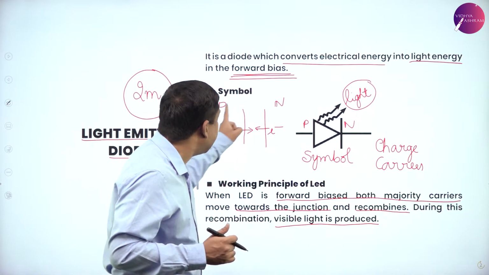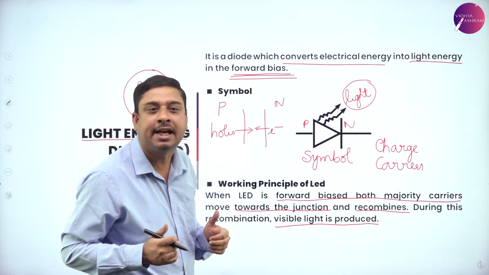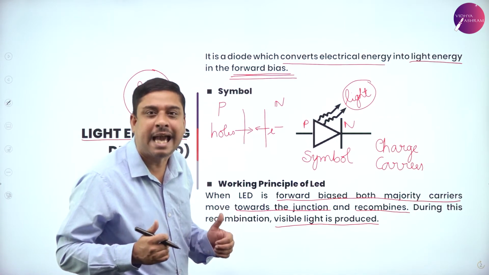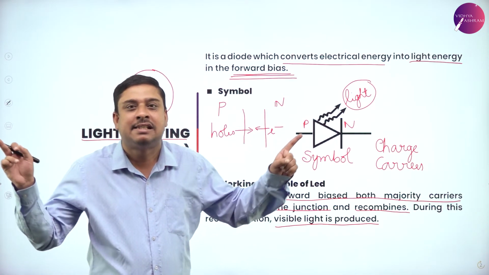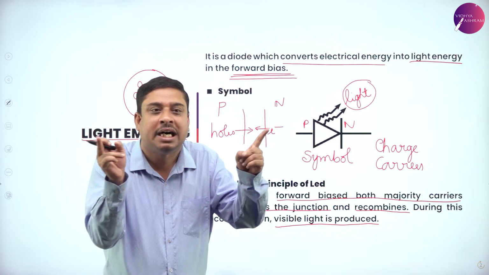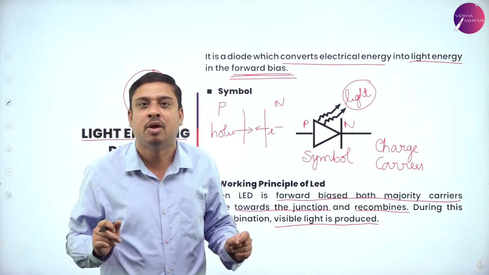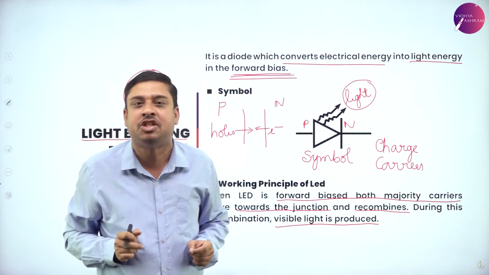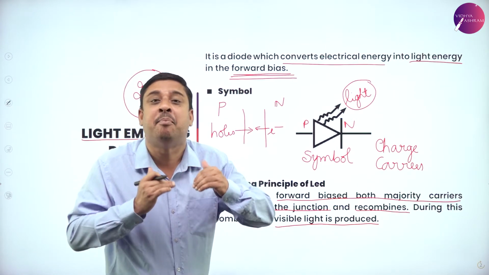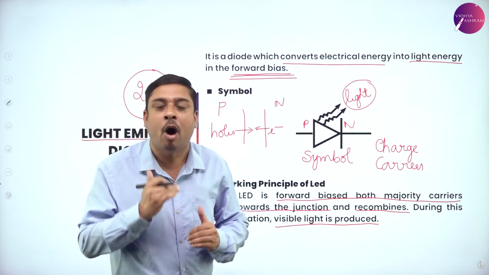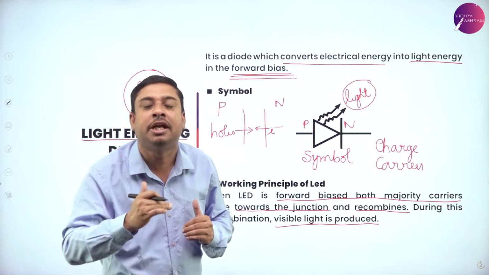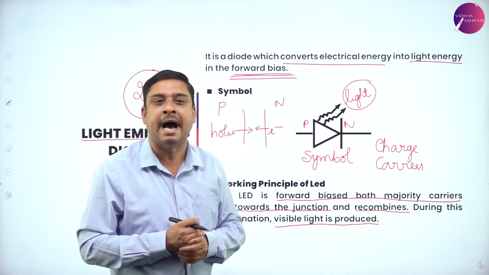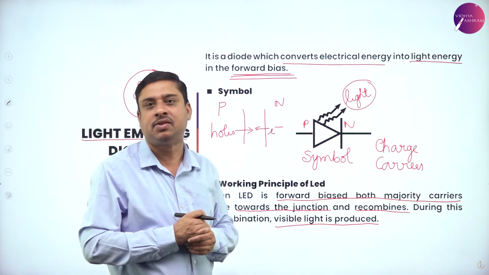The holes as well as the electrons, which are the majority charge carriers, they start moving towards that depletion region, potential barrier, forbidden region, and they recombine. Now, this combination of holes and electrons we call as charge carriers.